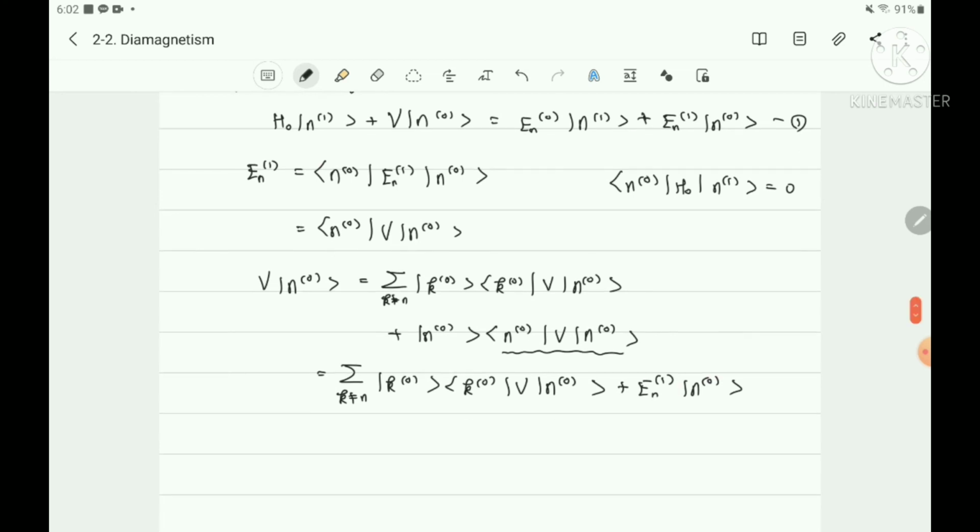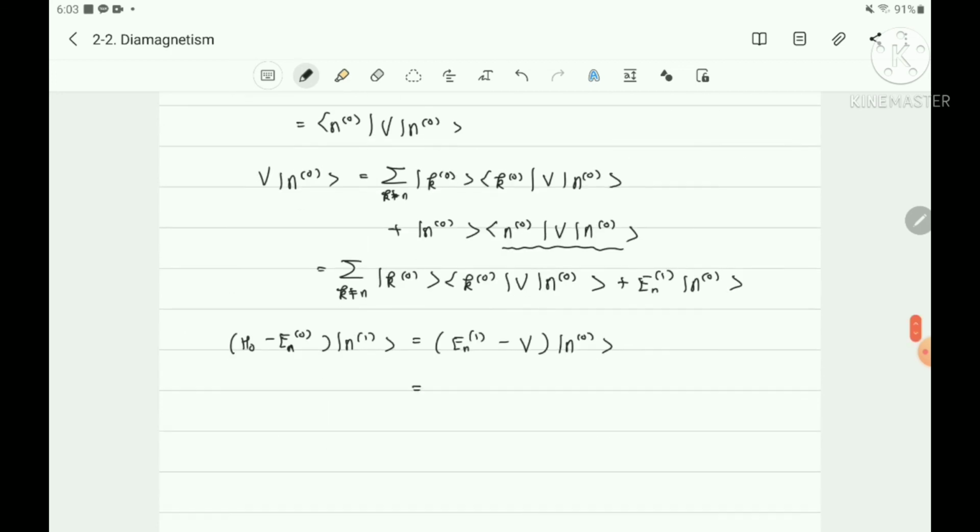Here, let's substitute this one into equation 1. Therefore, it is like that: H0 minus En0, and the eigenstate N1 is common with each other, and in the right hand side is En1 minus V in 0 state.